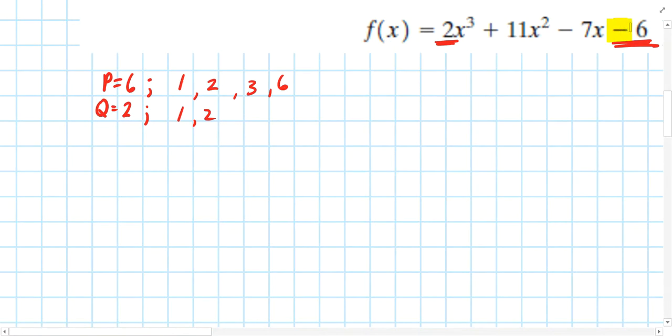Now, I did ignore the negative symbol here, and we could have included it, but traditionally we don't.